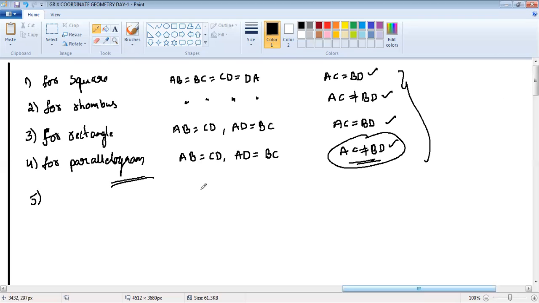For example, if you take A, B, C, D and these two are equal, then automatically we could say it is a kite. Only in a kite will this kind of property be there. So if they satisfy these conditions, then it is a kite. Even if you want to check the diagonals, you can check them also. Got it? Next.